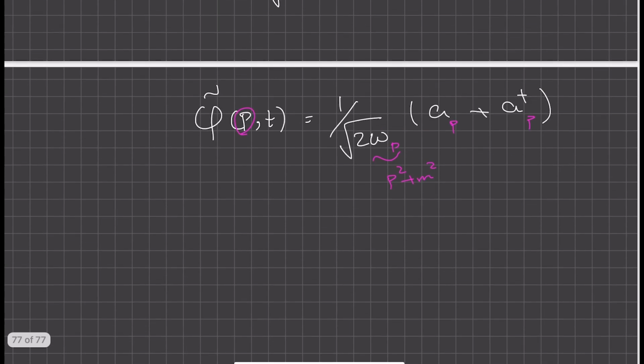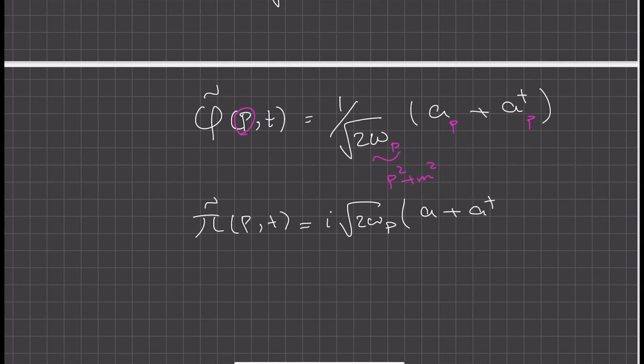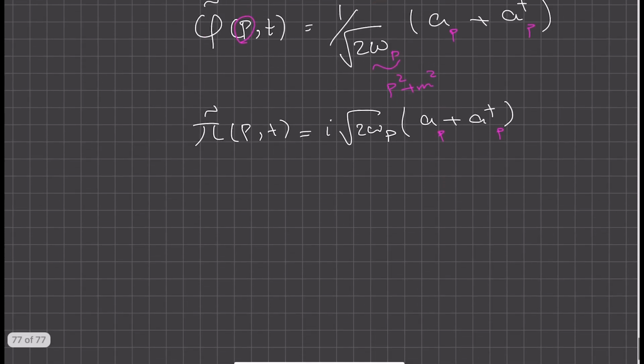And in the same manner, you can write pi tilde of p and t as similar to momentum, i 2 omega p, a plus a dagger of p. I'm going to put this index in magenta color, to make clear that now we are just migrating into something that has more numbers inside of it, but similar algebra, similar math, similar way to express it.